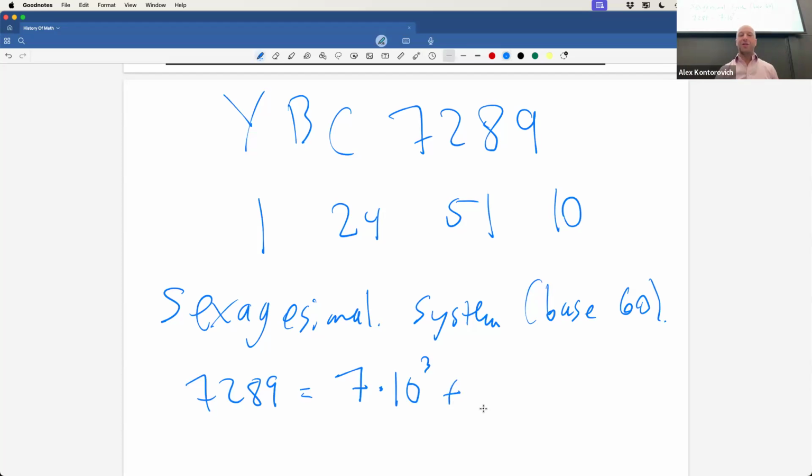And the 2 doesn't mean 2, it means 200, which is 2 times 10 squared. And the 8 doesn't mean 8, it means 80. And we're very used to this, which is 8 times 10 to the 1. And the 9 doesn't mean 9. Well, it does. It means 9 times 10 to the 0. Okay, so that's our decimal system.